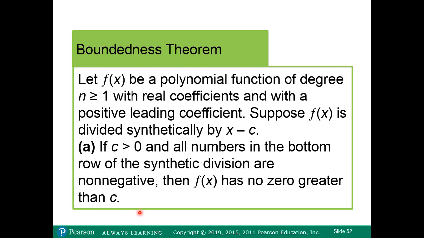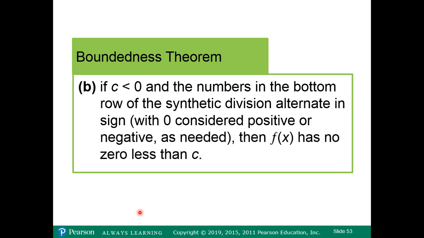B, if c is negative and the numbers on the bottom row of the synthetic division alternate in sign, with 0 considered positive or negative as needed in order to make it work, then f of x has no zero less than c.